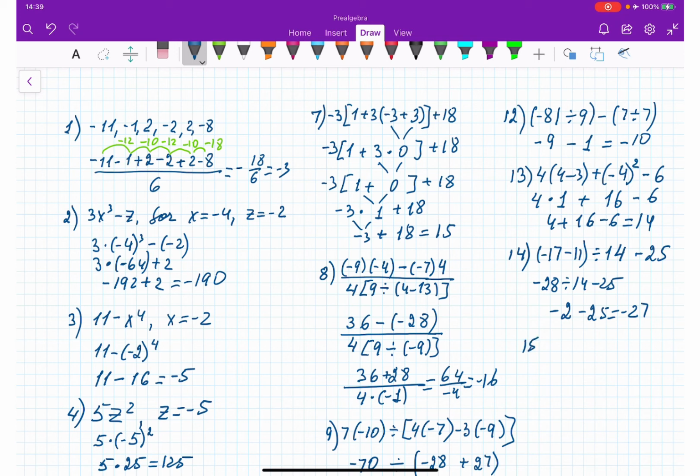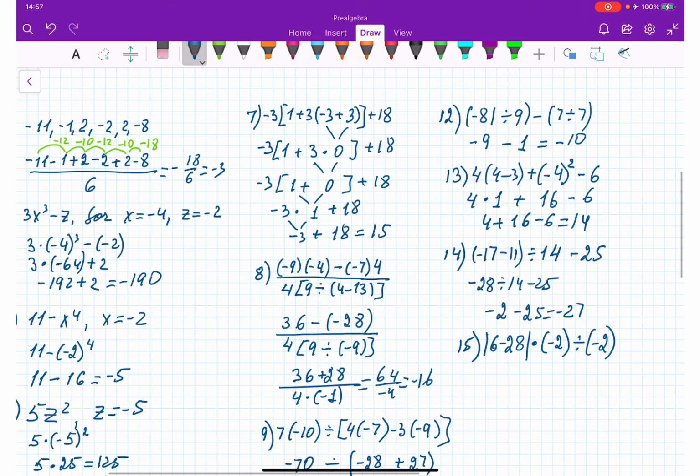Number 15, absolute value of 6 minus 28 times negative 2 divided by negative 2. So 6 minus 28 is going to be negative 22, right? Times negative 2 divided by negative 2.